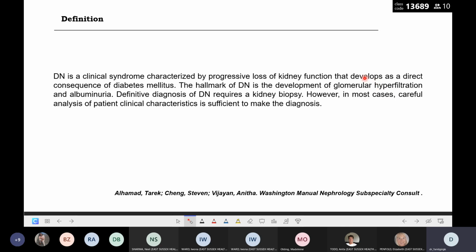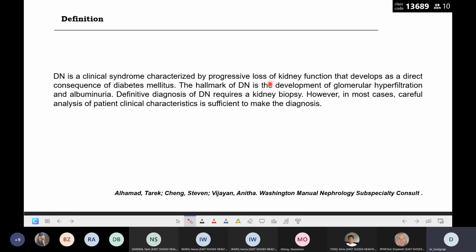And why hyperfiltration? Because the glucose in blood will cause some sort of osmotic diuresis and osmosis, which will increase the filtration. And this is the cause, as you know, the patients usually present with polyuria and albuminuria. So this is the hallmark of diabetic nephropathy.